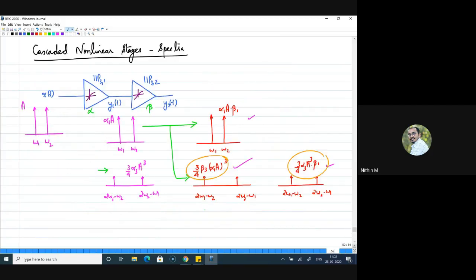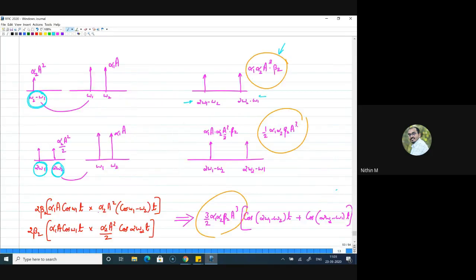Now the individual systems which are producing y1 of t and y2 of t, or each stage, if I assume that all these stages are narrow band stages, then for a narrow band system, the system cannot get products at omega 1 omega 2. The difference term, or the harmonics term, will not be present because of the narrow band. Since the bandwidth is low, these terms may not be present.